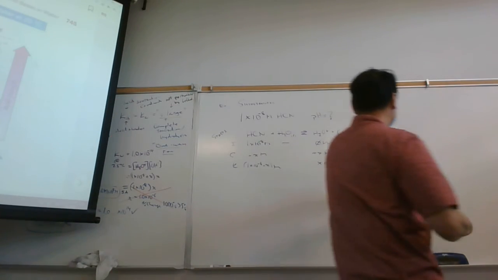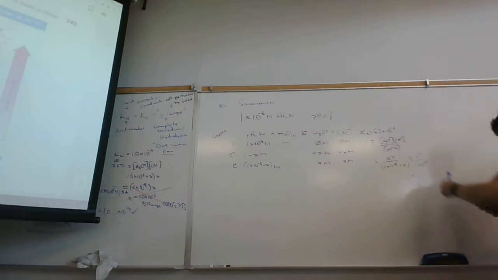So I'm going to get 6.2 times 10 to the minus 10 times 1 times 10 to the minus 8, which is 6.2 times 10 to the minus 18, and then take the square root of that.